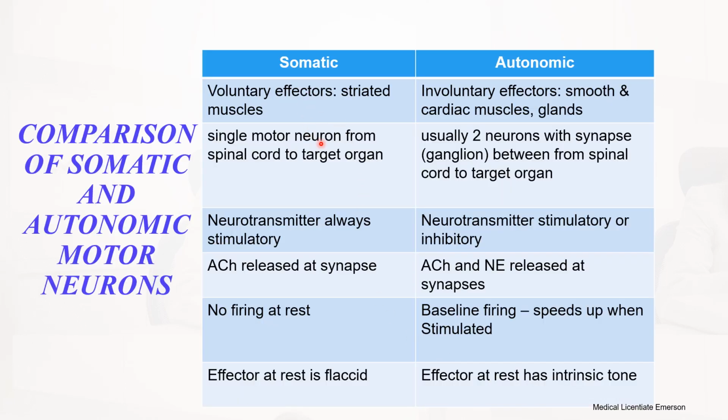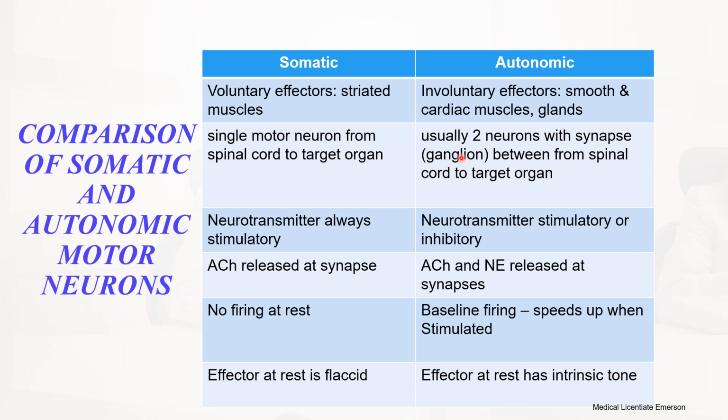So these are the comparisons. Here we talk in terms of voluntary. The voluntary effectors in the somatic nervous system are the striated muscles, whilst the involuntary effectors here are the smooth and the cardiac muscles as well as glands. In the somatic, you find a single motor neuron from the spinal cord to target organ.